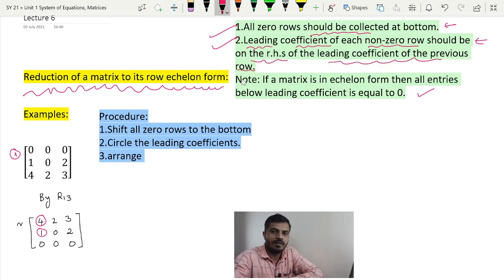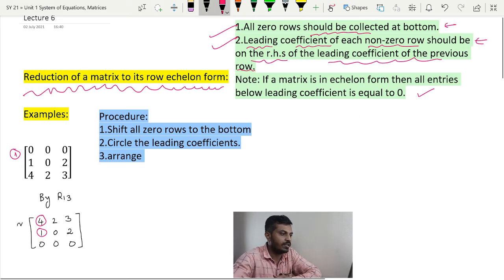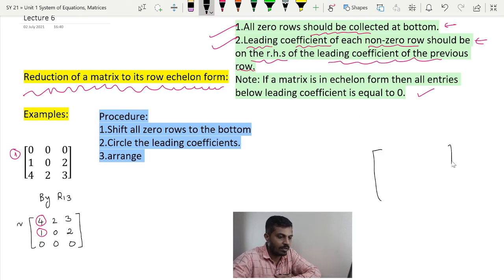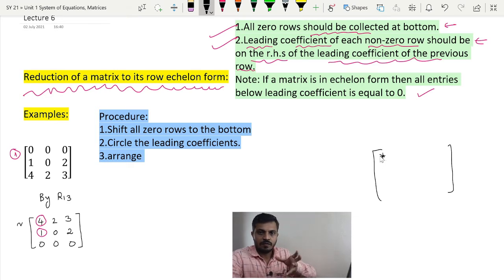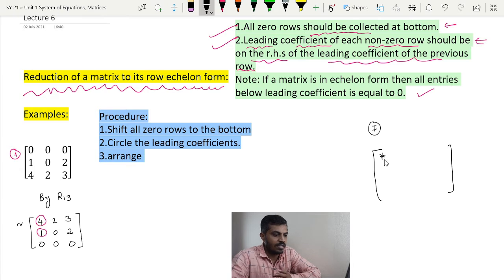So what exactly we are going to do here is, once all the zero rows are shifted to the bottom, we will shift our remaining rows in such a way that our leading coefficients should appear in this way. Star indicates the leading coefficient, you can say. So star here, star here, star here.